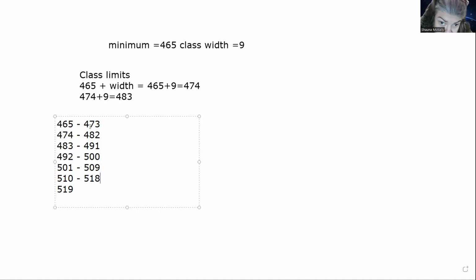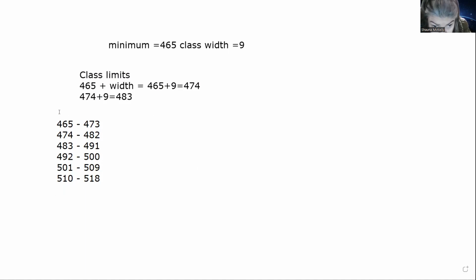Or you can just add 9, just like you did on the other side. 473 plus 9 is 482. 482 plus 9, 491. 491 plus 9, 500. 500 plus 9, 509. And 509 plus 9, 518. Again, we don't need this, so I'm going to get rid of that.